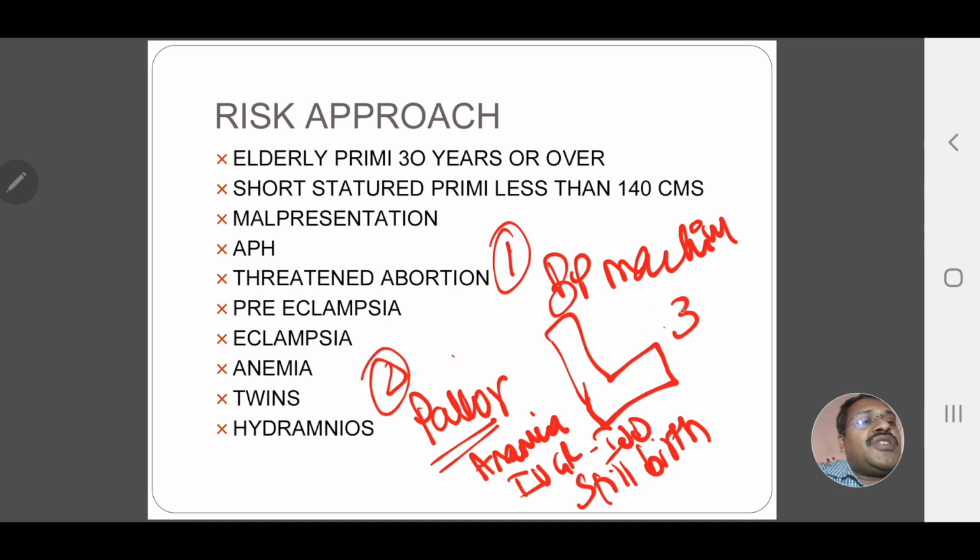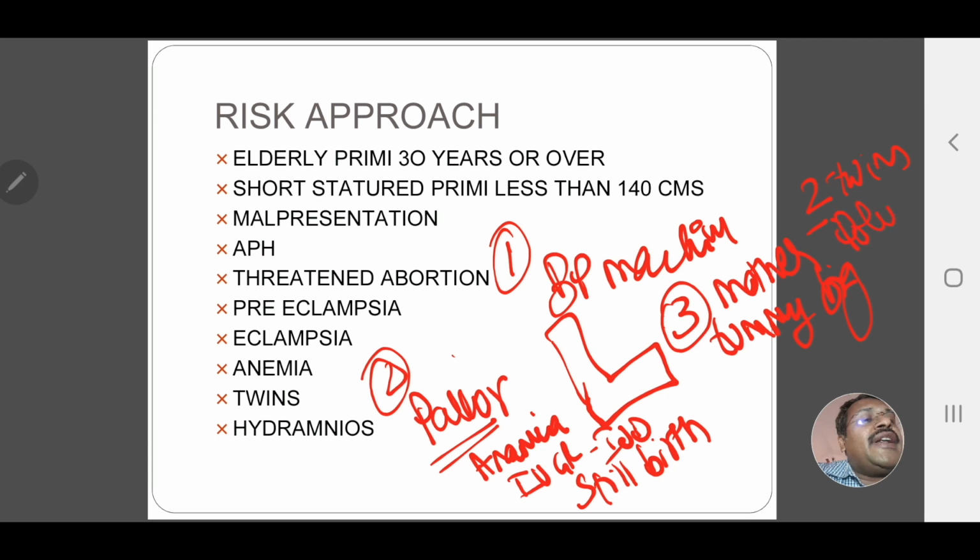Now the third picture you have to remember is a mother with a big tummy. So what it means is she is having two babies inside. So it can be twins. And naturally when the tummy is big, when there are twins, definitely the fluid will be high.